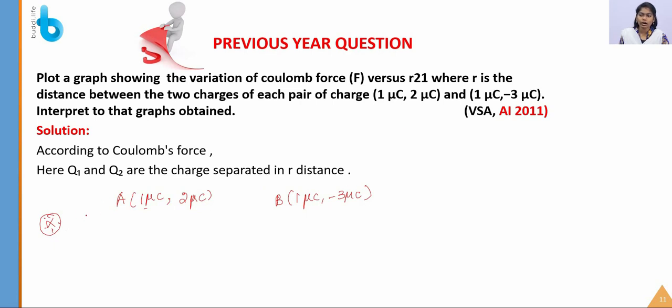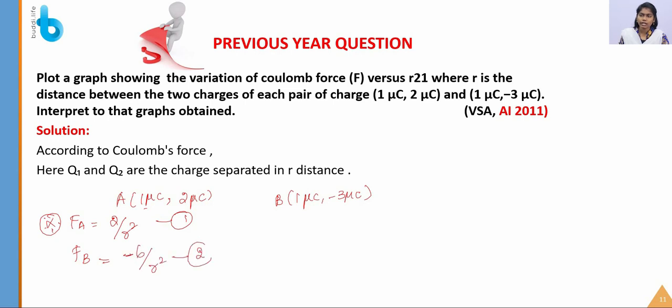First we are going to calculate FA. What about FA? That is the force between 1 and 2. Yes, it is 2 by r square. Consider this as the first equation. And next FB, that is the force between 2 and 3, which is 6 by r square.